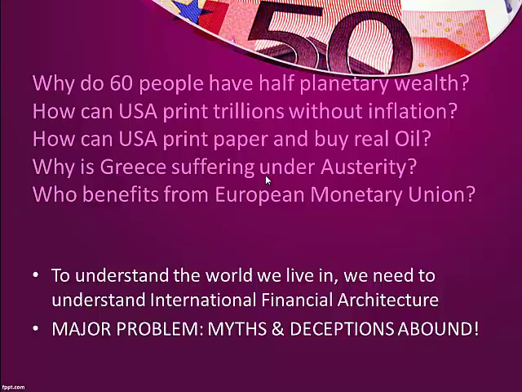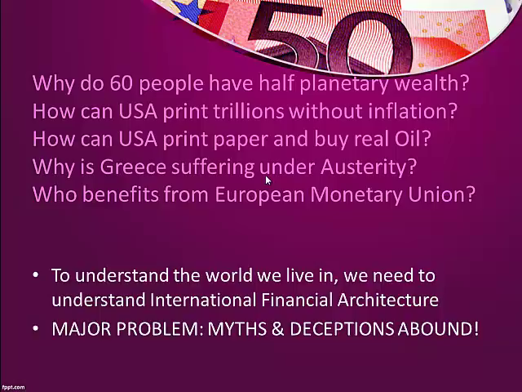So basically the problem we are facing today is that 60 people have half of the planetary wealth. So how did this happen? What are the causes? Can you understand this by calculating solutions to differential equations? Of course not. So how is it that today the US dollar is the reserve currency, which means that they can print trillions of dollars without inflation?